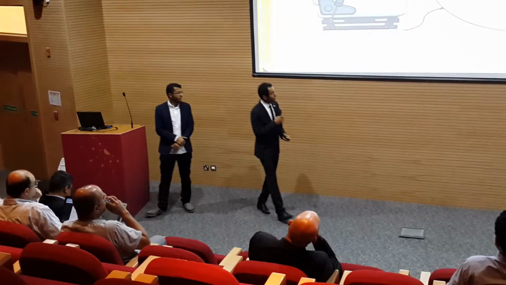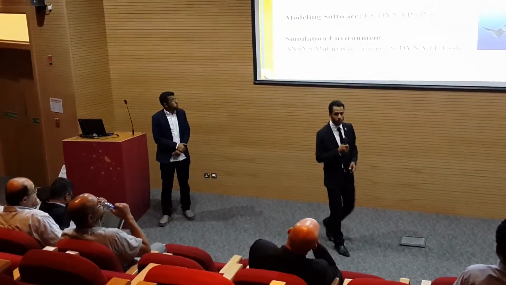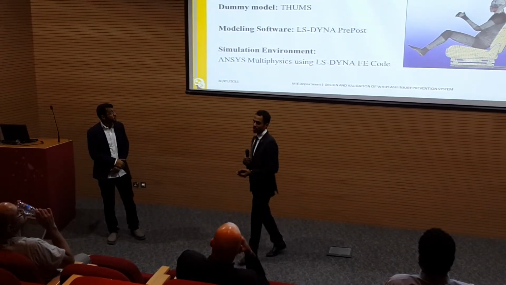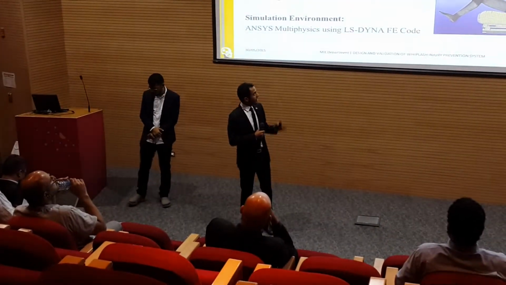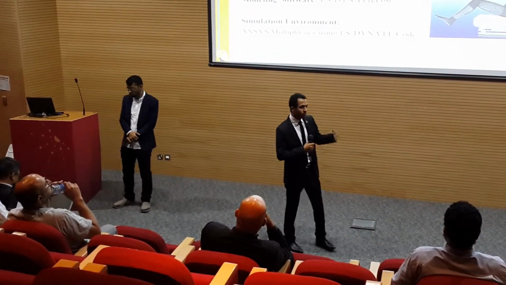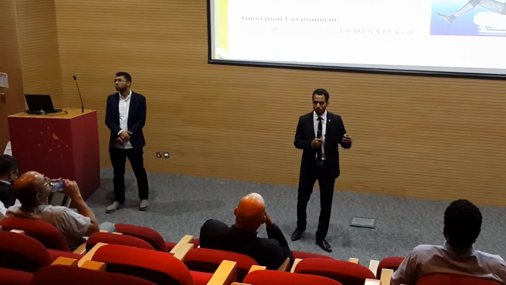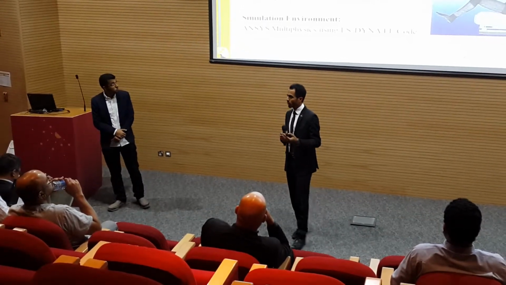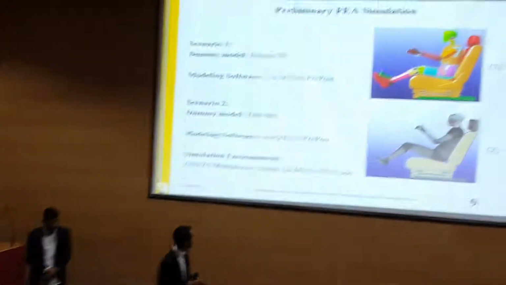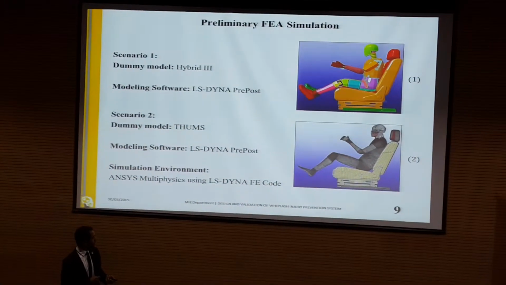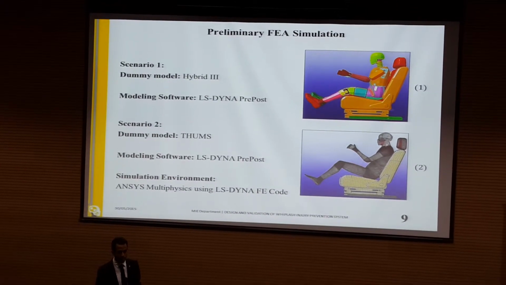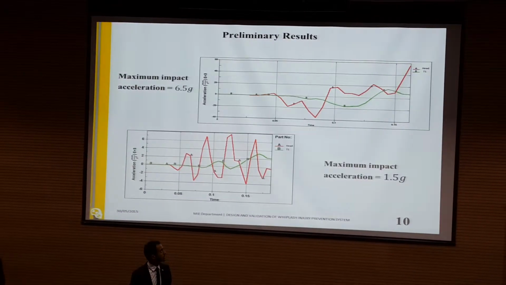Thank you, Harris. To start, we begin with the preliminary stages of simulation to test the functionality of the sliding motion. For that, we used a simplified model of the human body, the Hybrid III. Then we opted for a more detailed model of the human body, the Total Human Model for Safety, THUMS, by Toyota Corporation. We used LS-PrePost software for the modeling, and we used the simulation environment of ANSYS Multiphysics with the LS-DYNA finite element code.